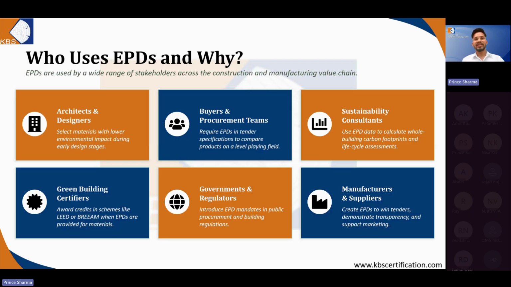Because having the global average of the emissions or impact will increase the environmental impact of their product, and they will lose the chances to win because of one single point, that is the environmental impact. So that is also the way EPDs are being used by manufacturers and suppliers.